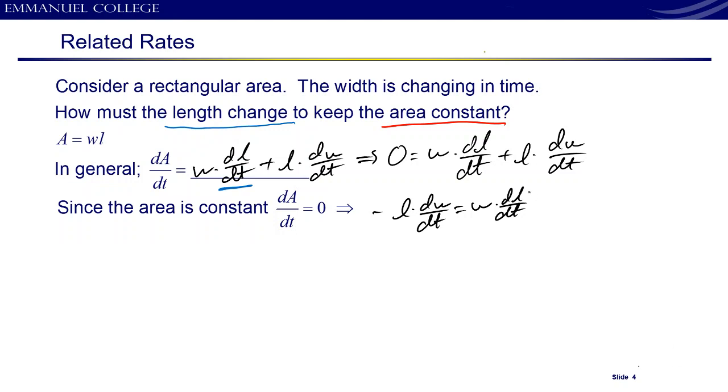And then, last thing to get it by itself, divide both sides by w. So I'll have dl dt is equal to negative length divided by width times the rate of change of the width.